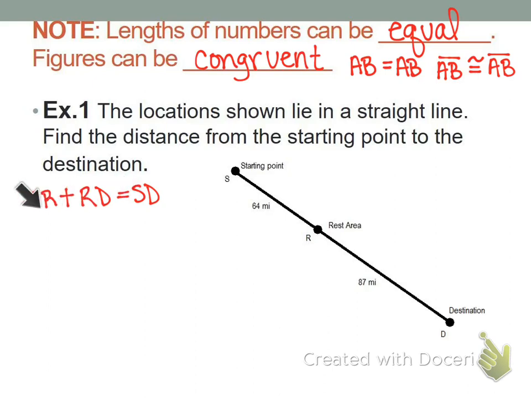Now, I'm not expecting that you would always write this out because it is as simple as just adding the pieces together. So we're going to add together 64 plus 87 to get the length from S to D. And what do we get?